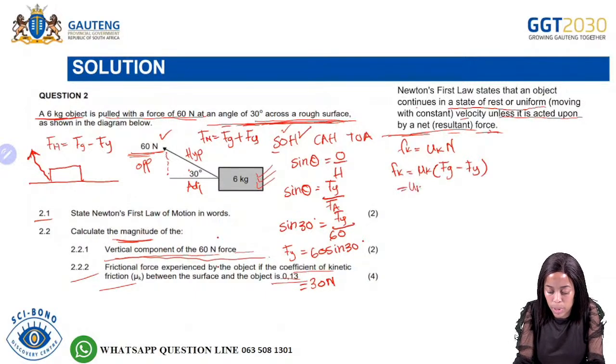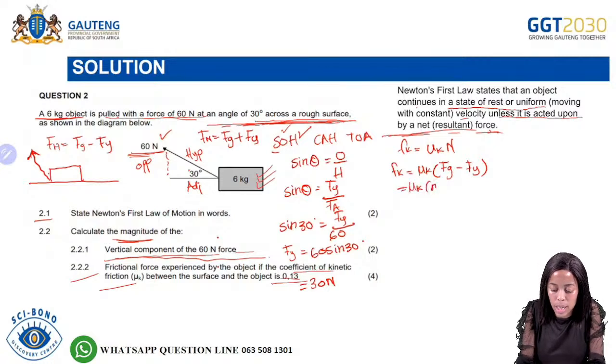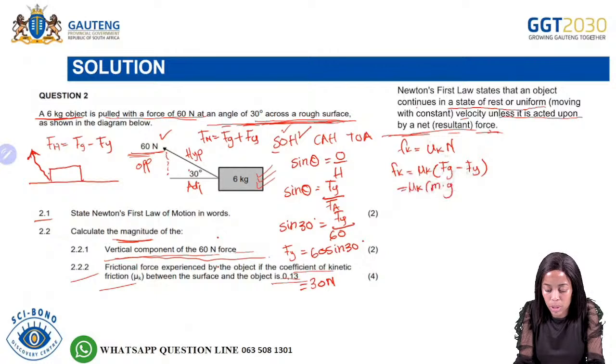And then we said we have the coefficient. When you break down the Fg, it becomes m multiplied by g, and of which g is your gravitational acceleration constant, of which you will be given on your data sheet. The m in this case represents the mass of the object.